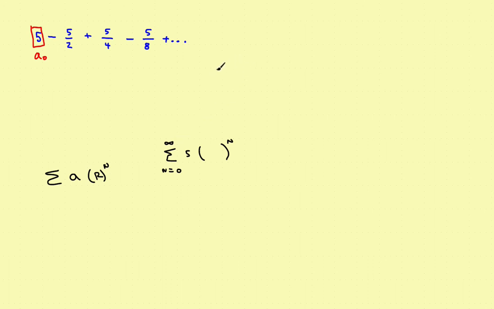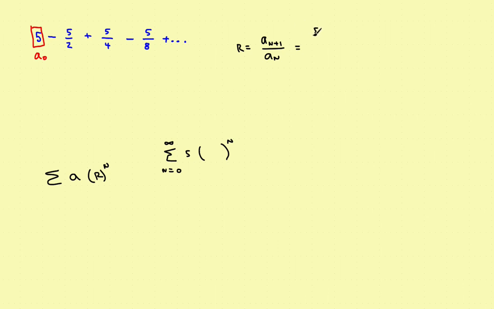Now again, to remind you, if you've got a geometric series, you can always find the ratio like this. The common ratio of any geometric series is always the next term divided by the previous term. So if you take any term and divide it by the previous term, you'll have the common ratio. In this case, let's take this term and divide it by the term in front of it.